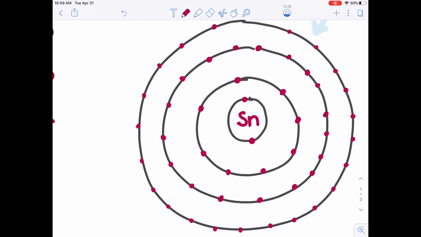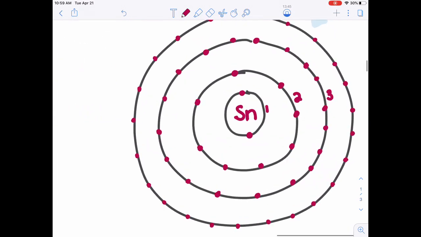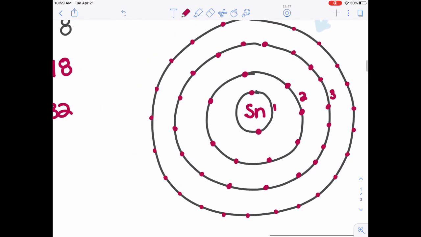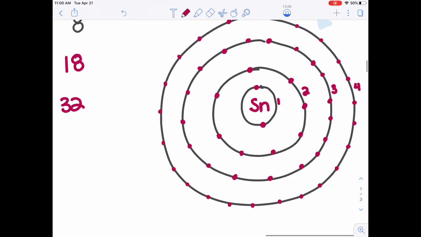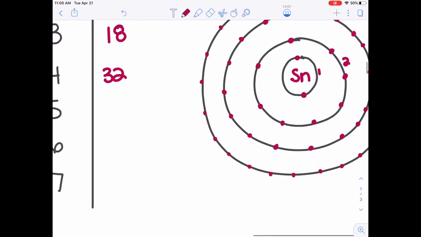The first energy level has 2 electrons, the second energy level has 8, the third energy level has 18, assuming that I counted correctly. Anyway, the fourth energy level is not full, but it can hold up to 32.